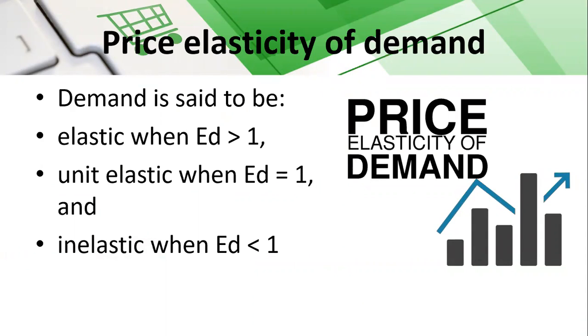So here, guys, when you say price elasticity of demand, our demand is said to be elastic when elasticity of demand is greater than 1. Meaning, if the answer for the percentage change in quantity demanded over the percentage change in price is more than 1, class, it means demand is elastic.